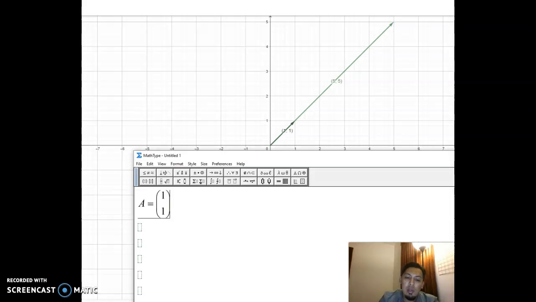So if you want to write it down, we can put 5 times the vector, which will give us 5 5, right? So this is a new value after you multiply it, but if you look at it graphically, it is actually on the same line.